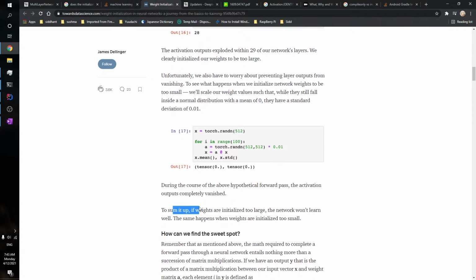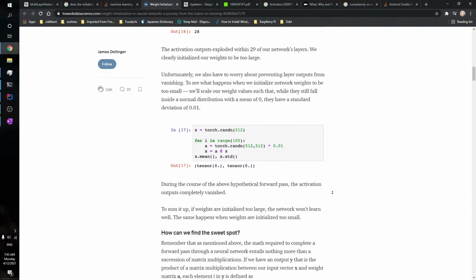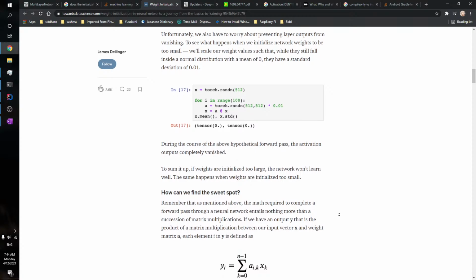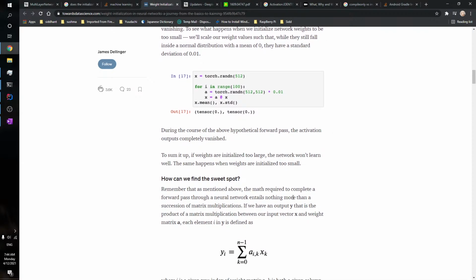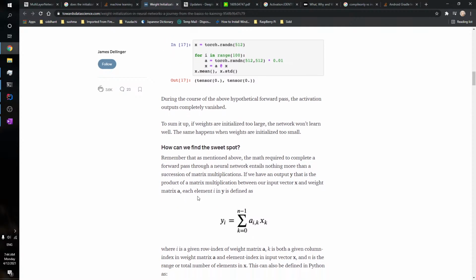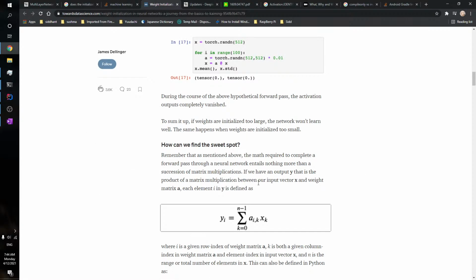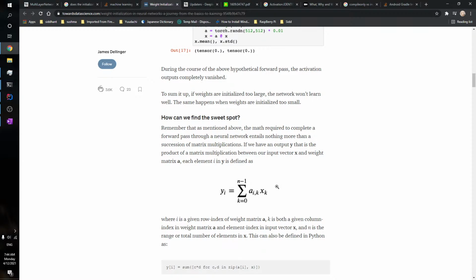Jesus Christ. And if you have an output y that is the product of a matrix multiplication between x... where i is the row index of A, k is both, okay.